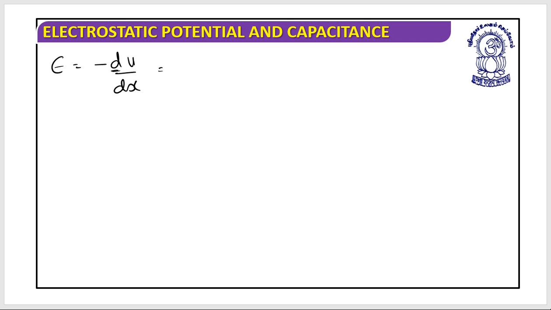I take this freedom because it is 4x square only, in the x direction only. So this is minus d by dx of 4x square, which would be equal to minus 8 into x.